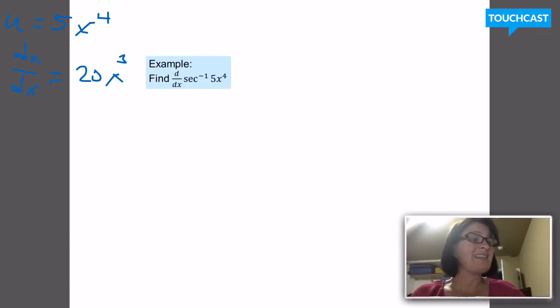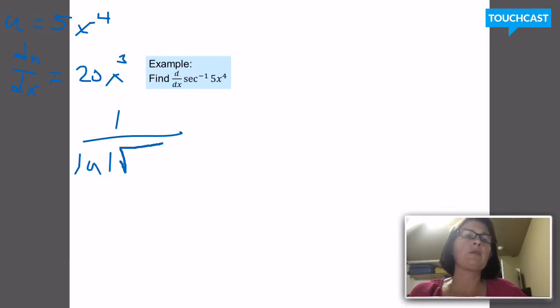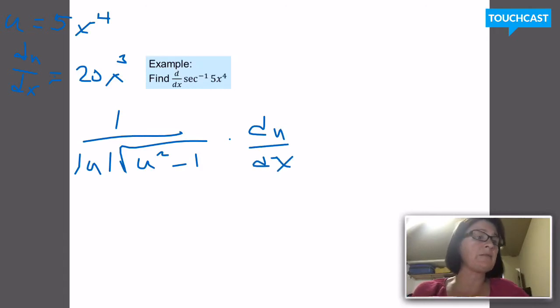All right, so this derivative that I'm looking for is going to be, look at my formula, right? It's 1 over the absolute value of u times the square root of u squared minus 1 times du dx. That's the formula. That's what you're committing to memory. Now we're going to replace all the u's with 5x to the 4th.